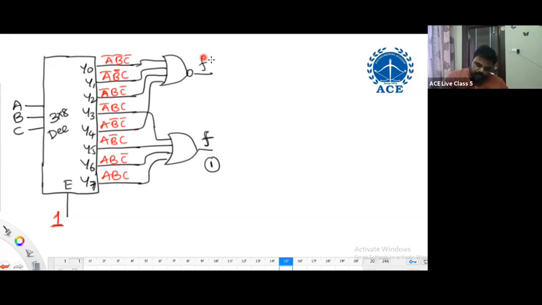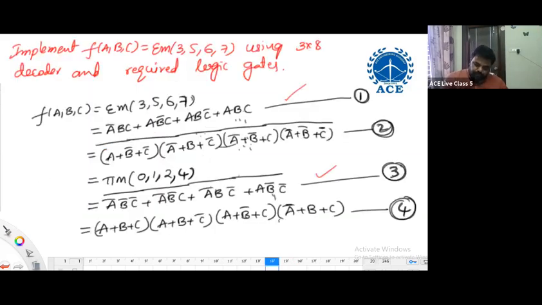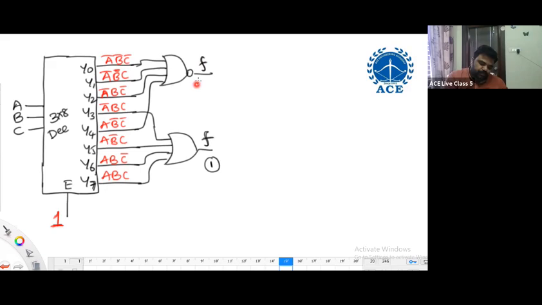F, equation number 3. Which one is correct? Both are correct. No need to implement all. One is sufficient. But in the exam, when circuit is given, which one will be given, we don't know. We must know all the possibilities to answer objective questions.